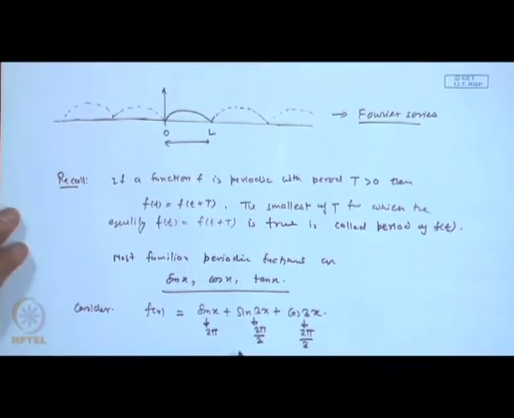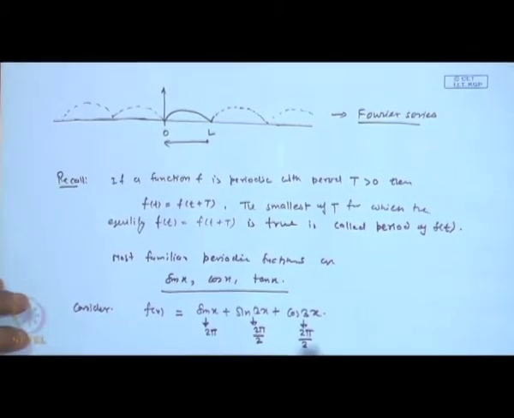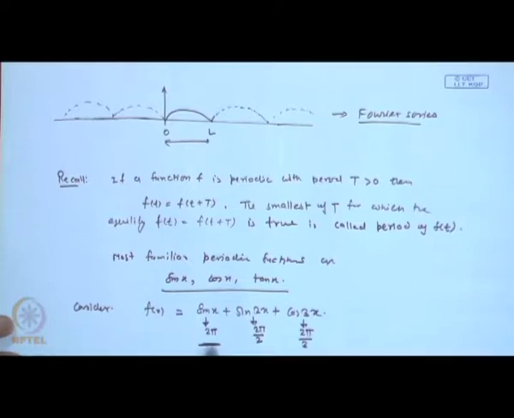So, what we see is that the common period of all these three functions is 2 pi. sin 2x has two cycles in this 2 pi range, and cos 3x has three cycles in this 2 pi range.